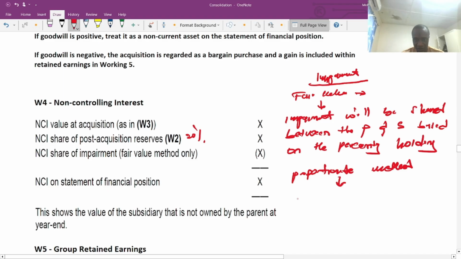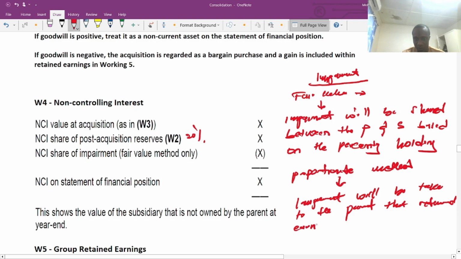So impairment will be taken to the parent, that is the retained earning. Simple concept you need to know.